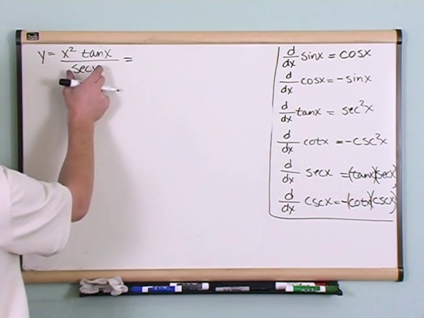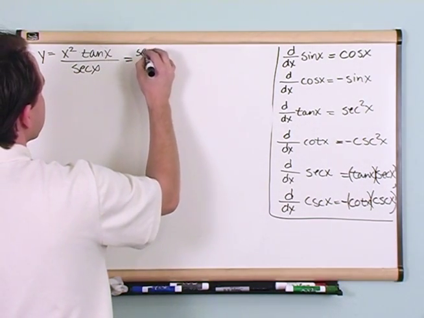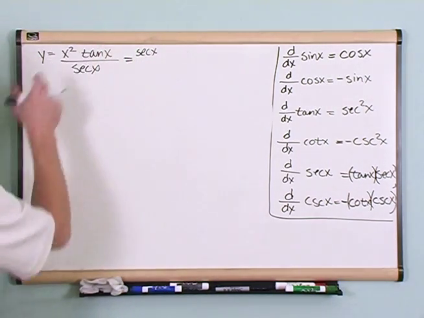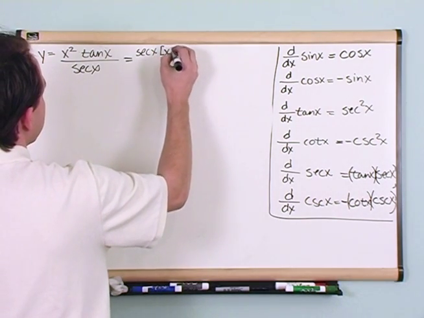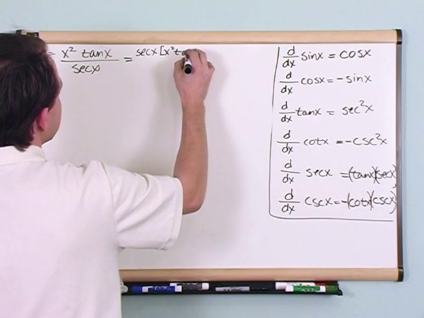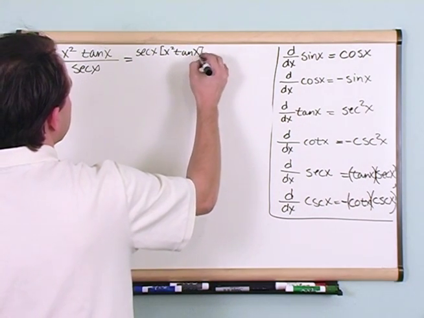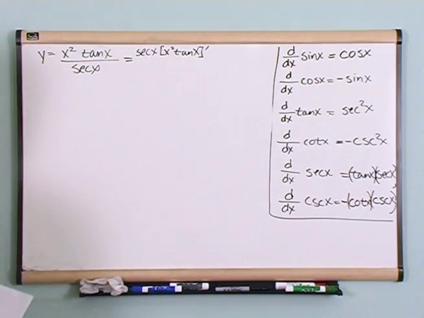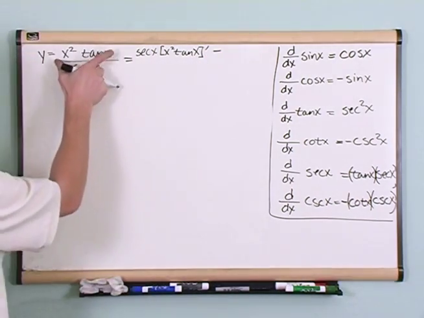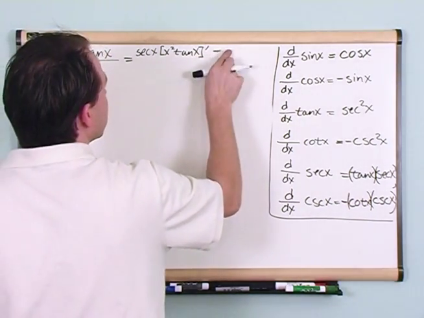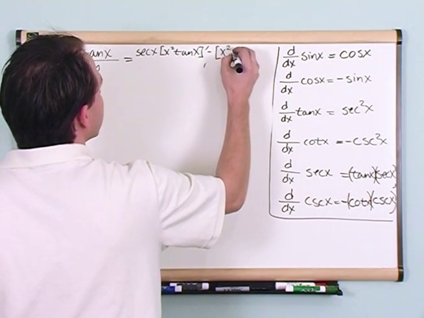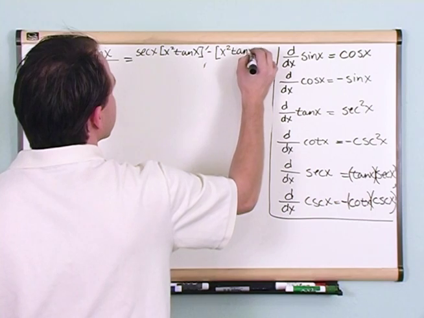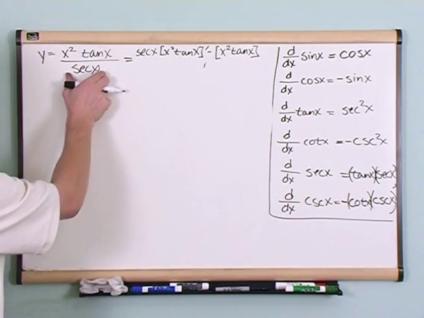So it's going to be the bottom, which is secant of x, times the derivative of the top, which I'm just going to write as x squared tangent of x, and I'm going to put a derivative mark here to remind myself that I have to take the derivative of that, minus, so the bottom times the derivative of the top minus the top, x squared tangent x times the derivative of the bottom.